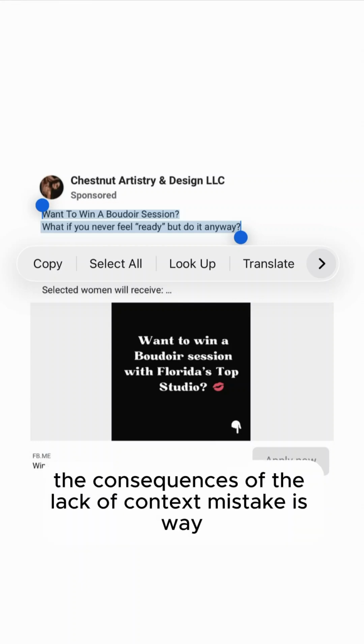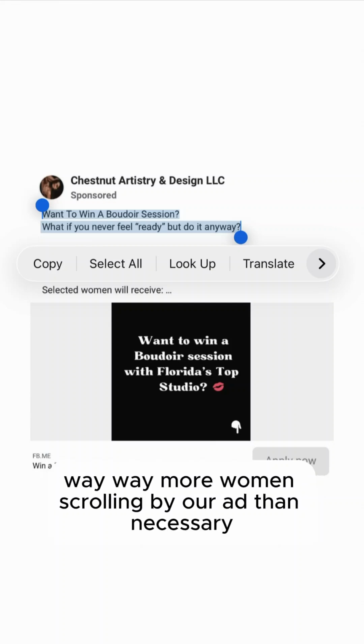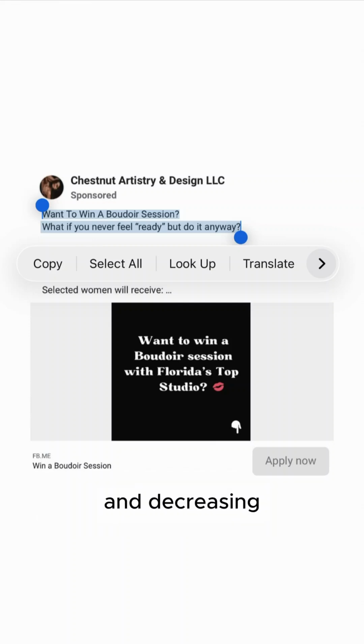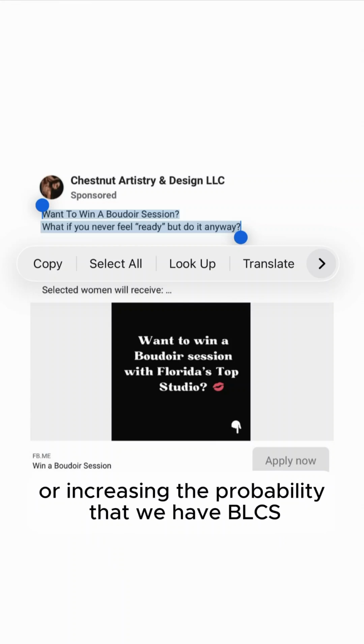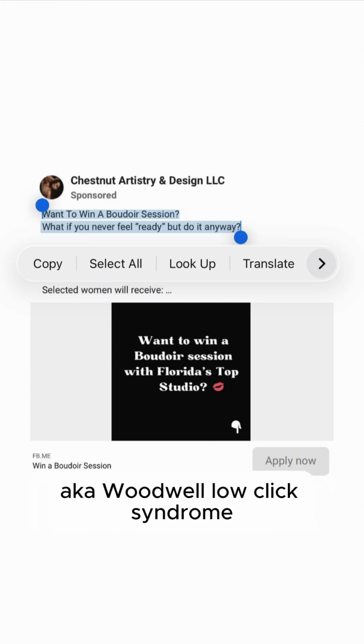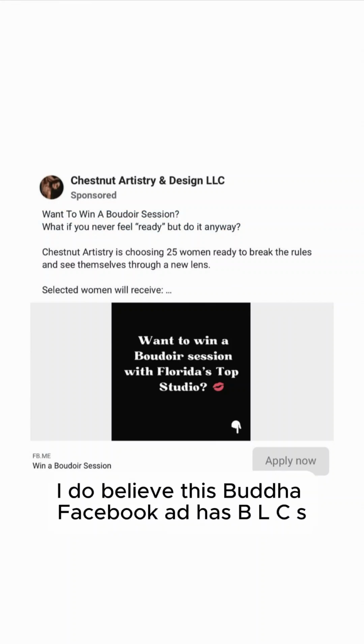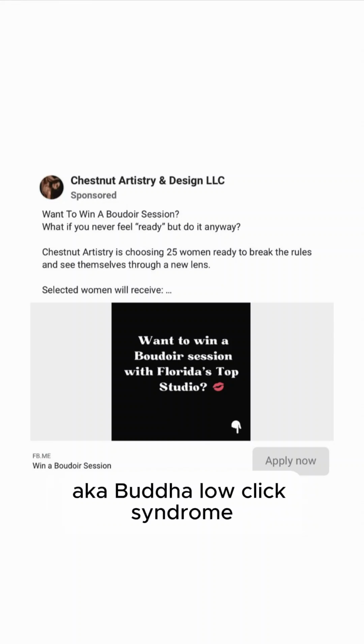The consequence of the lack of context mistake is way more women scrolling by our ad than necessary, pulling our unique CTRL under 6%, and increasing the probability that we have BLCS, aka Boudoir low click syndrome. So after looking at all this, my diagnosis is yes, I do believe this Boudoir Facebook ad has BLCS.